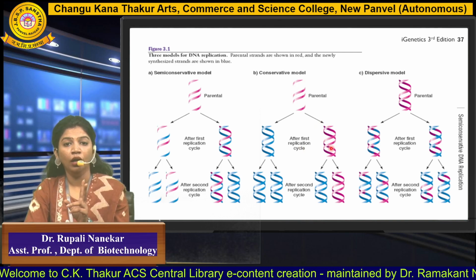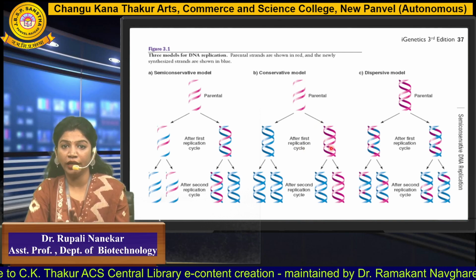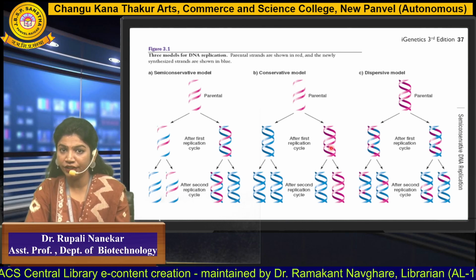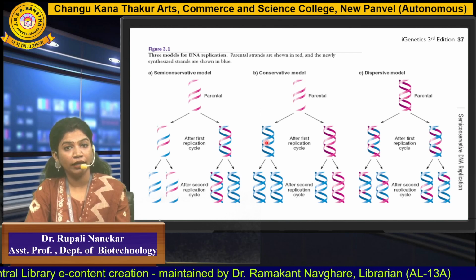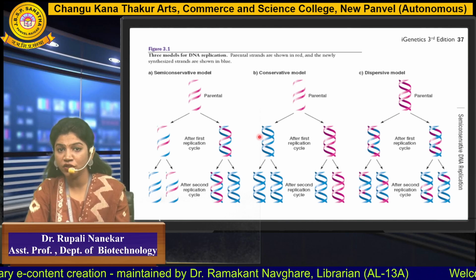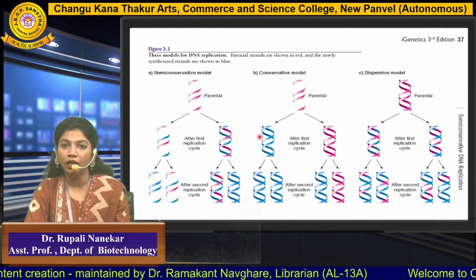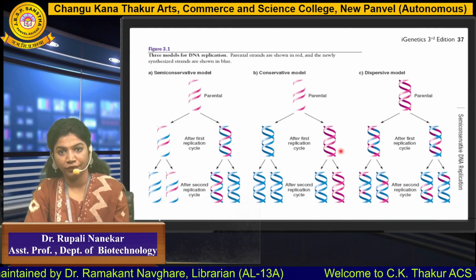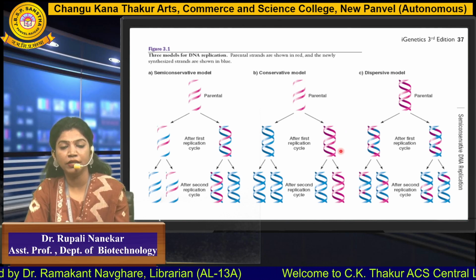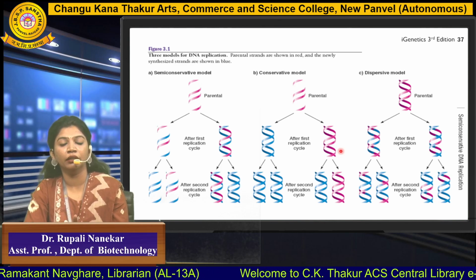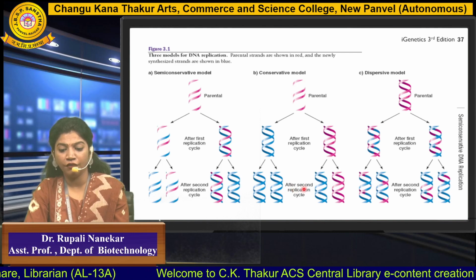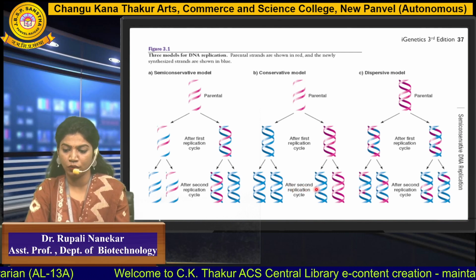That means the two strands remain together without getting separated, and two new strands are formed, which says that the new progeny is different from the parental strands. That is, 100% of the parental strands stay together in the conservative model, which is the same as observed after the second replication cycle also.